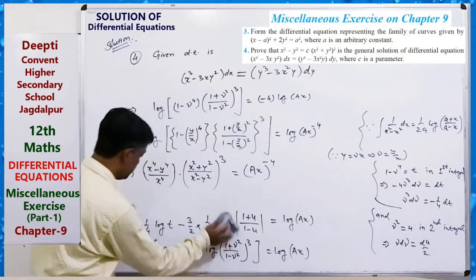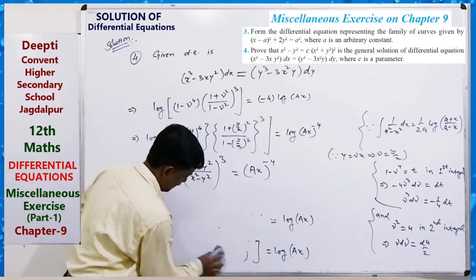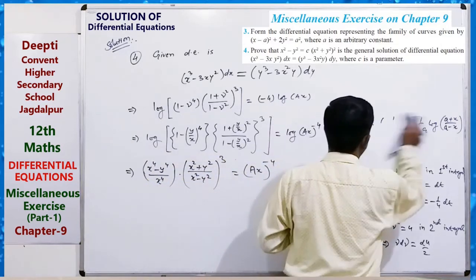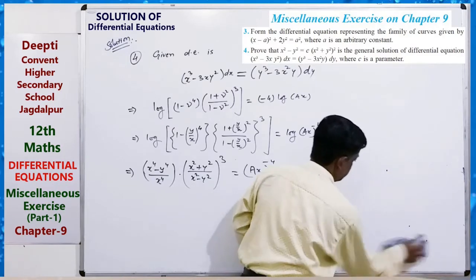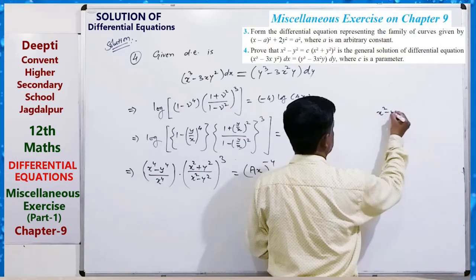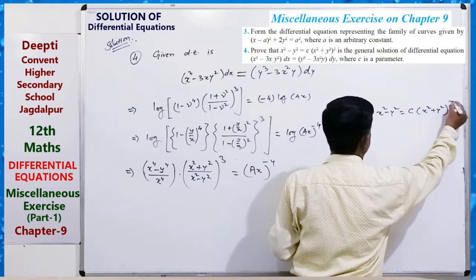Okay, we have to find the solution in terms of what? The general solution: x square minus y square equals c x square plus y square squared.